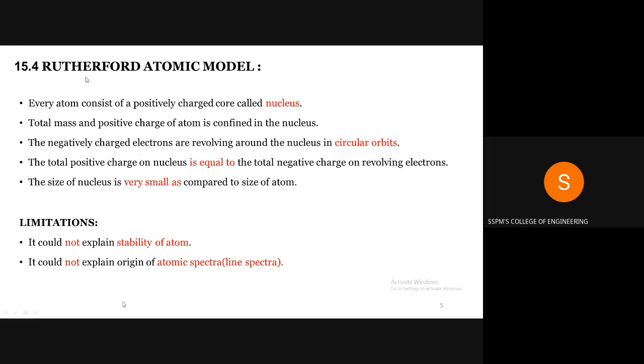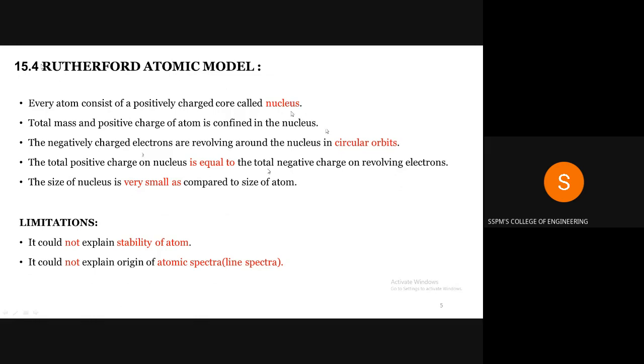Unless and until you are familiar with some basic part, you will not be able to solve the number of problems. That's why I'm passing this concept. So, what is the Rutherford atomic model?